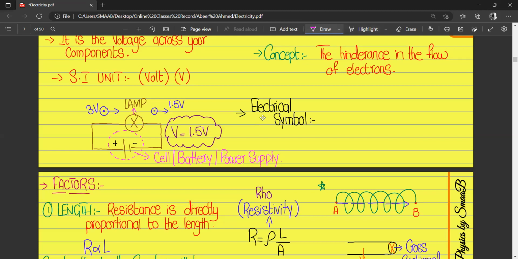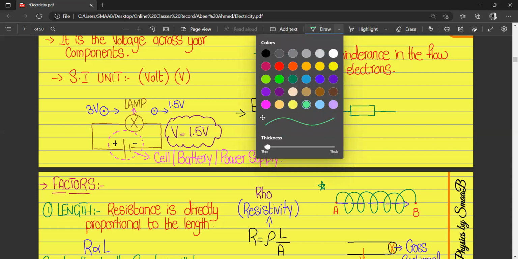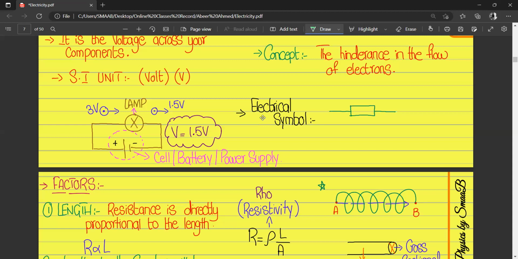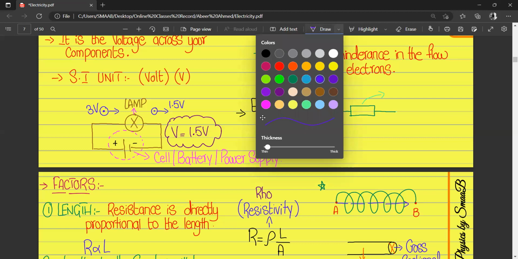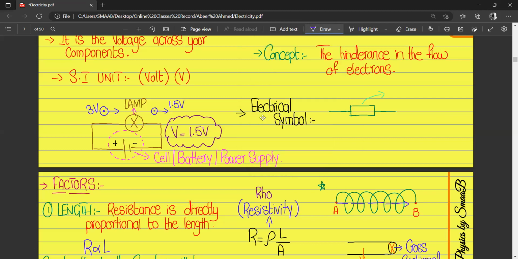So let's suppose if we want to draw an electrical symbol for resistor, you just simply need to draw a rectangle box like this. So this is the electrical symbol for resistor, but there is also a variation in it, that this symbol is used for fixed resistor, where the value of the resistor is fixed, right?